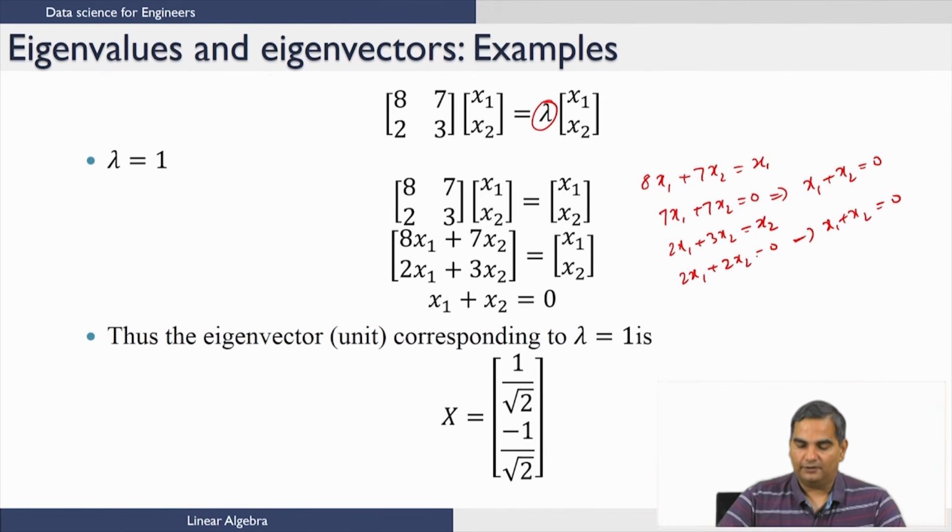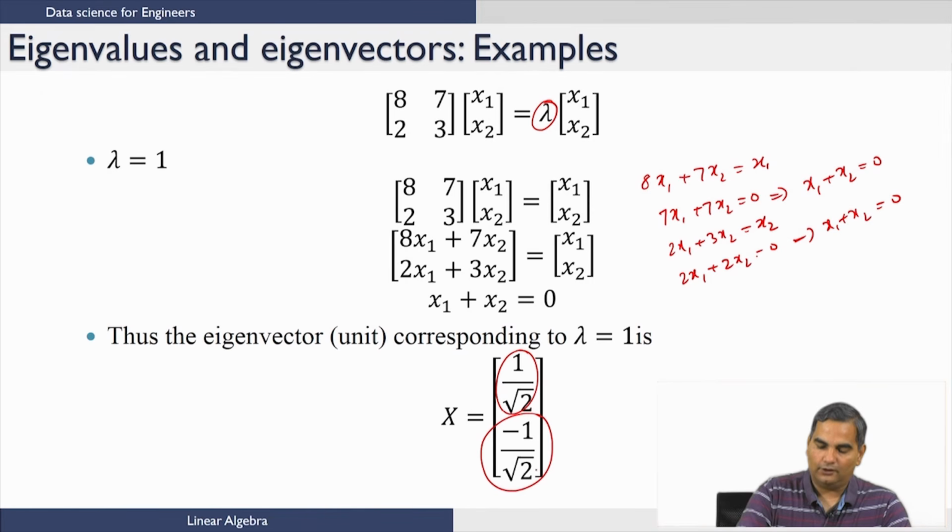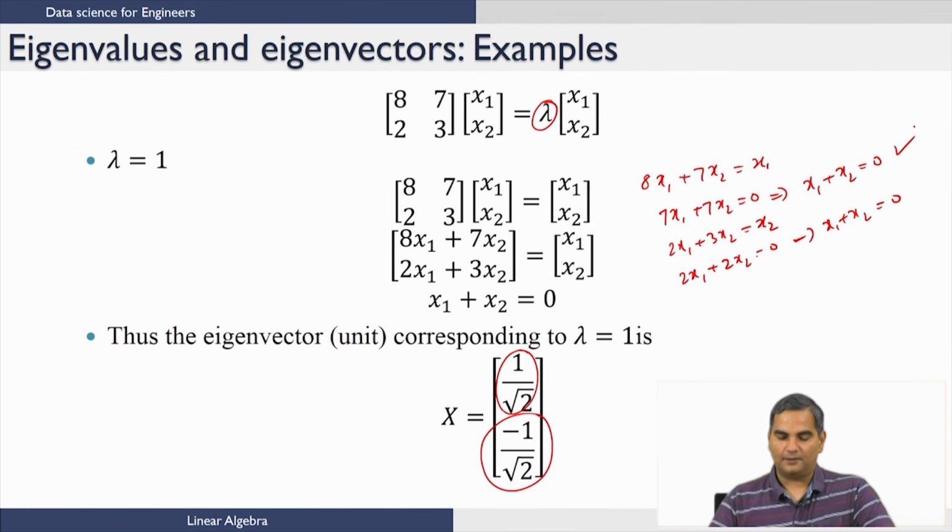What we do is the following: of all of those solutions, we make sure that we get an eigenvector which has unit magnitude. The eigenvector has components x1 and x2, where x2 is minus x1, which is what satisfies this equation.